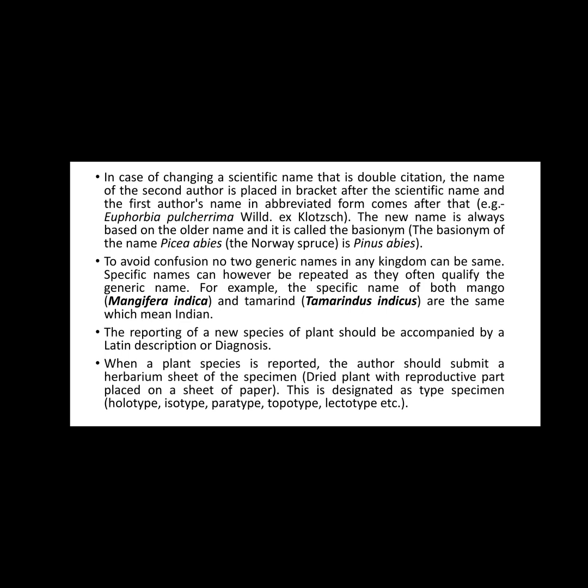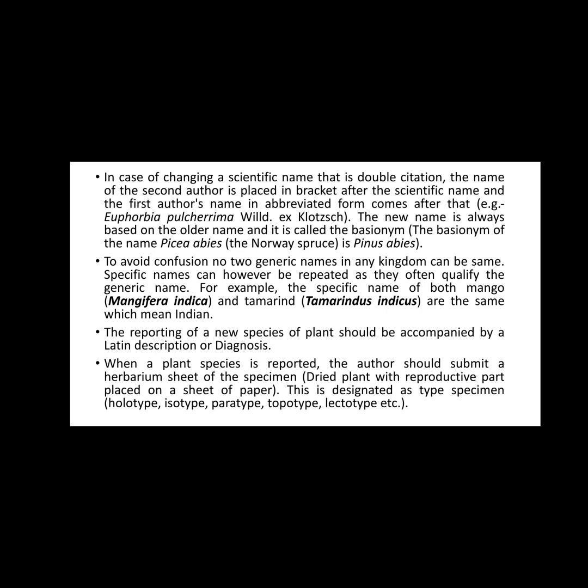The reporting of a new species of plant should be accompanied by a Latin description or diagnosis. When a plant species is reported, the author should submit a herbarium sheet. What is a herbarium sheet? A herbarium sheet is a sheet or paper where, when we collect an unidentified species, we press or preserve it for future reference, and it is placed with its complete description with medicinal use.